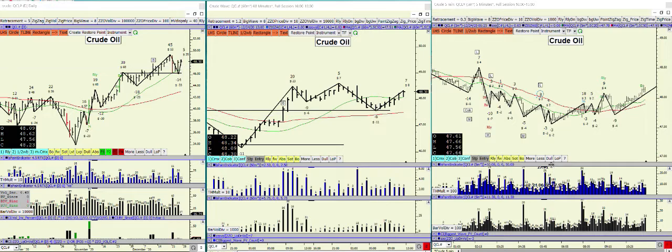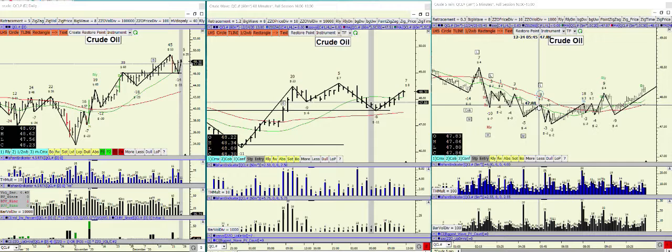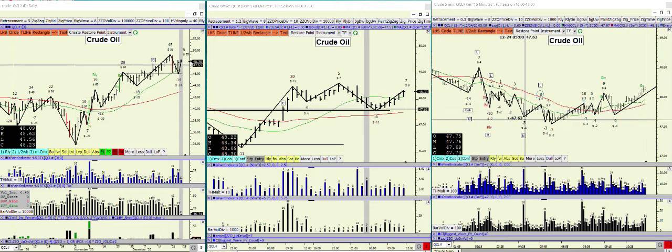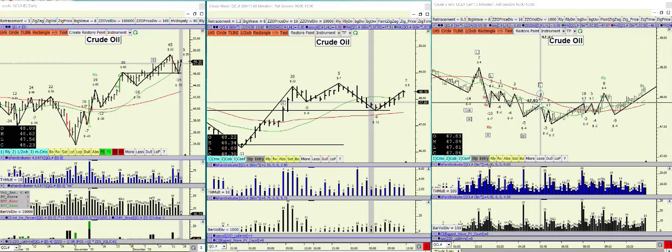So this is where you have to be really careful, because looking at this, it looks like effort, but it's not effort. The distance of the down waves is $4, 500 contracts. On the pullback, you have only $2, about 50%, but a whole lot more volume.